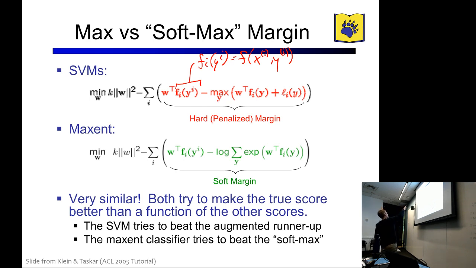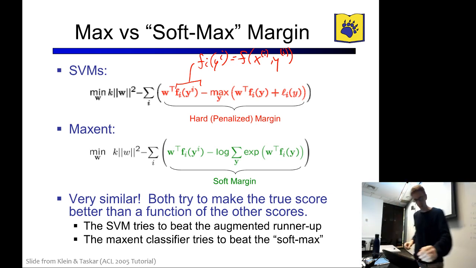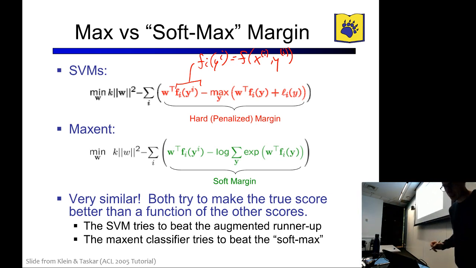So on the top, we have the SVM problem, where what we're doing is saying that we want the difference of the score for, oh, you know what though? Maybe I should come back to this.